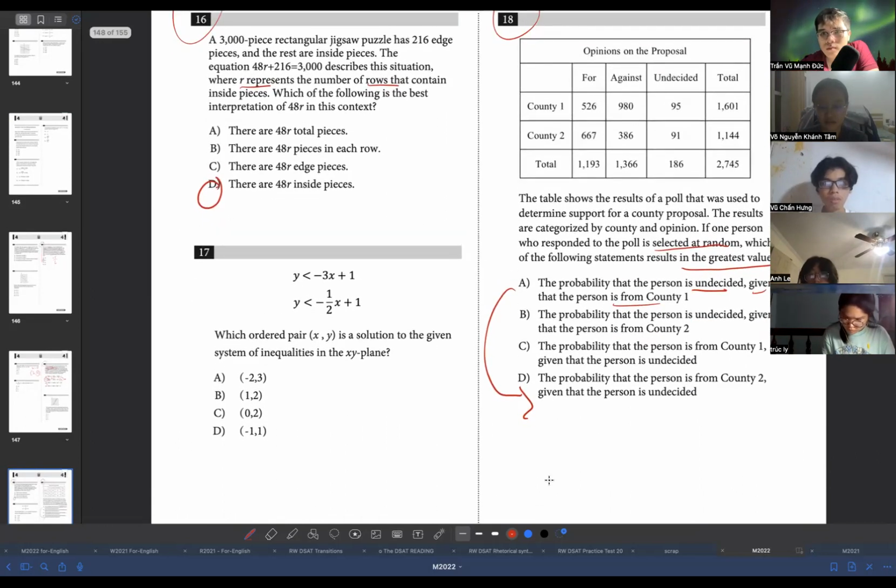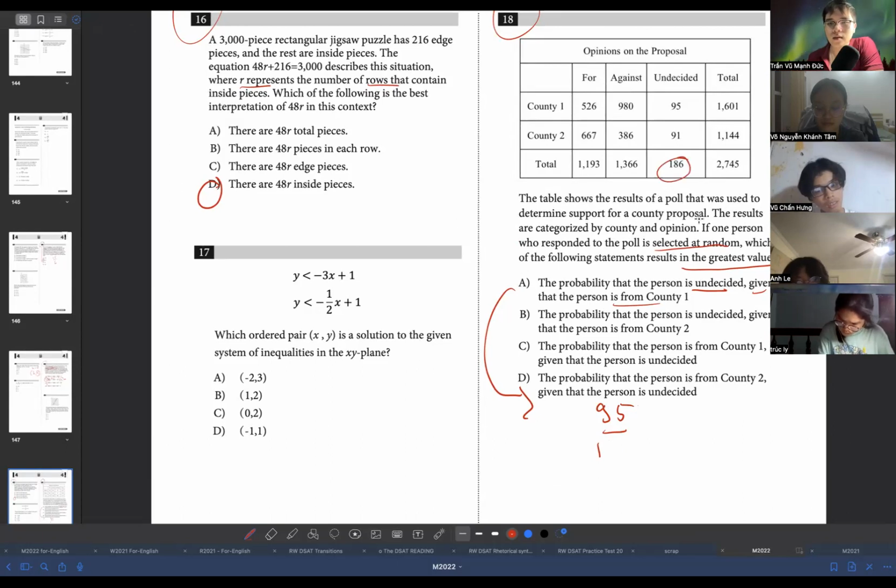County 1, undecided, divided by 186. Do you mean here? Yeah, but the person is from county 1. Oh yeah, I mean. Wait.